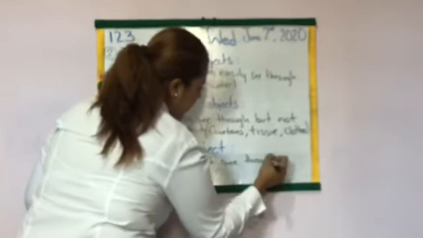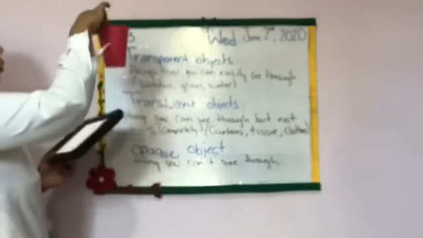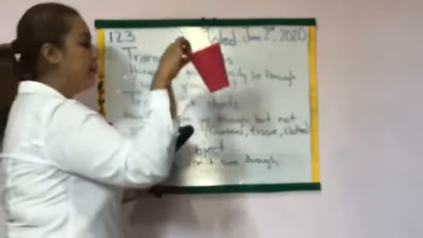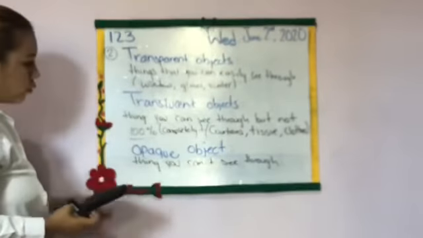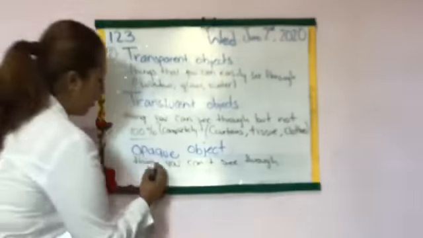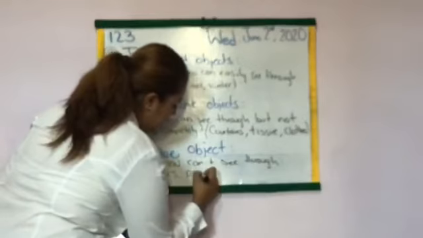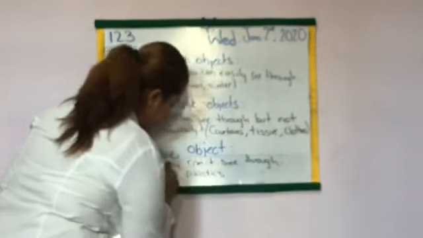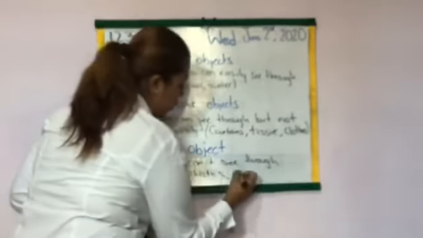You're not able to see through this. No matter what you do, you still cannot see through. And what are some examples that you guys could use here? You could use rocks, plastics, okay? What else? What would be another one? And cardboard.